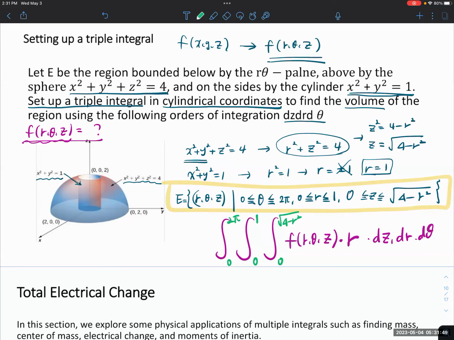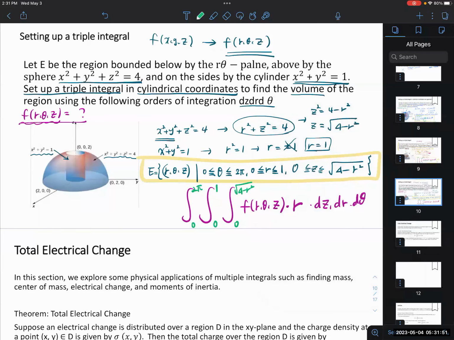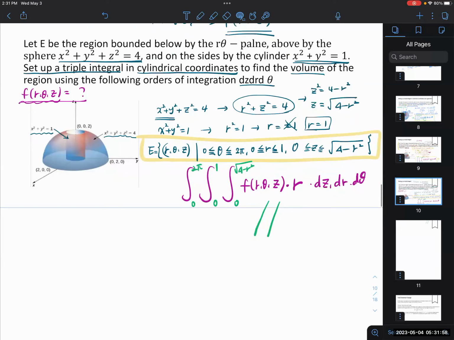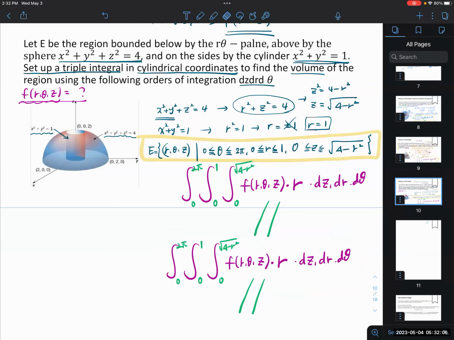But what I'm saying is, let me just copy this. If you remember in the triple integral, if the function is not given, you can assume, right? There is a 1. You're going to begin with that.